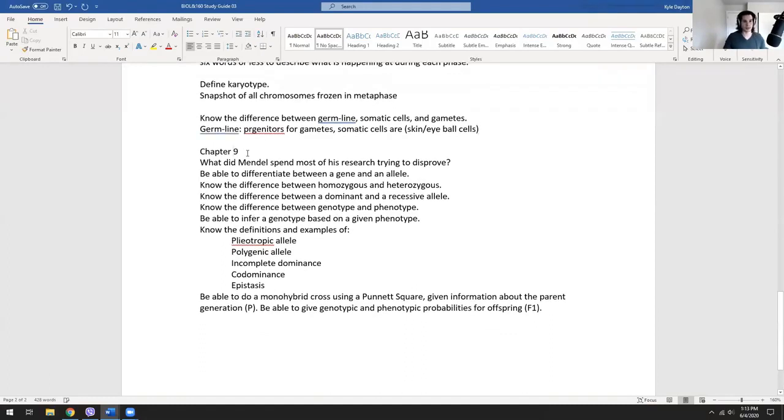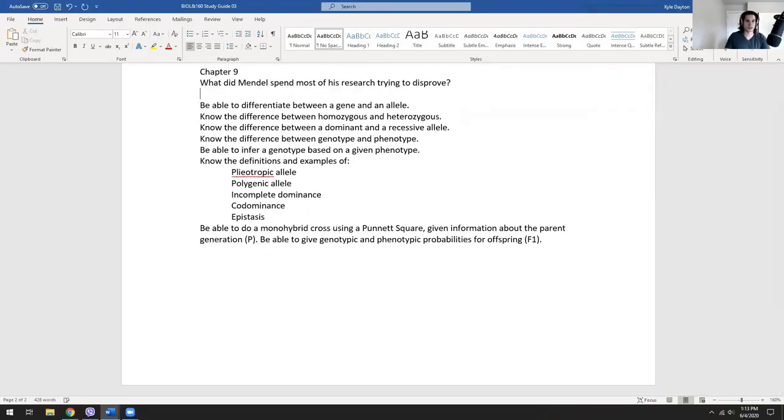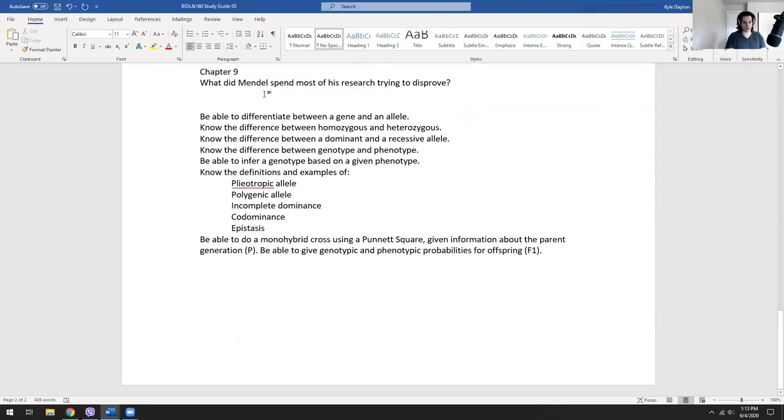All right, chapter 9. What did Mendel spend most of his research trying to disprove? Probably won't have a question like that on the test, but what do you guys think? Blended inheritance.